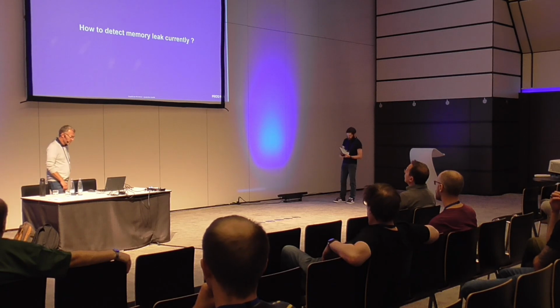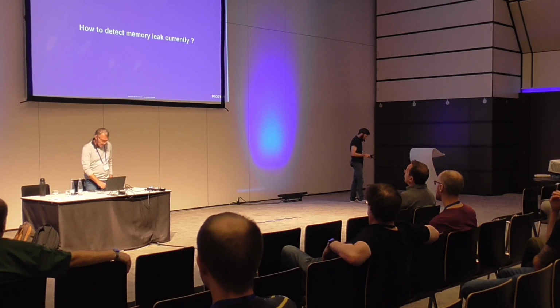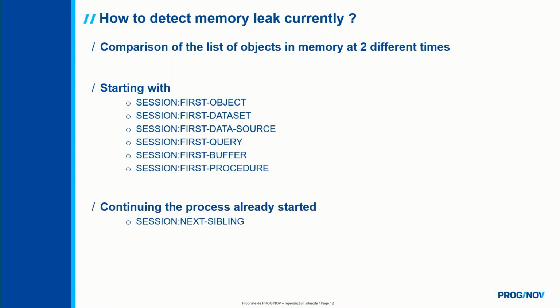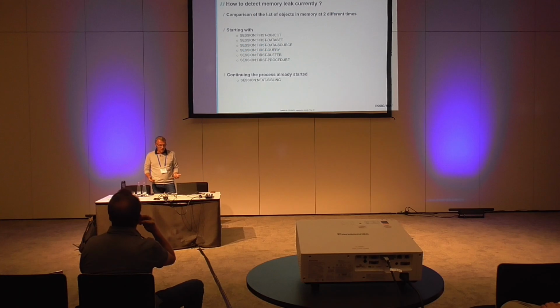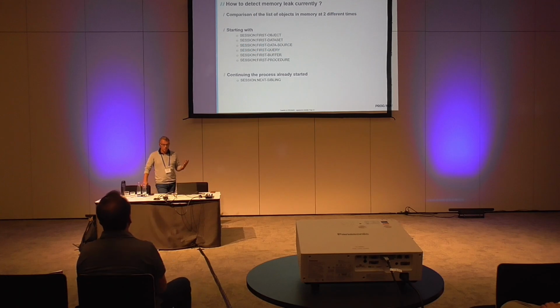How to detect a memory leak currently? In the previous version, we used the session's first object, dataset, data source, and next sibling properties to work on the list of the currently instantiated objects. So we can have a list of each element with its number in the memory of the session.